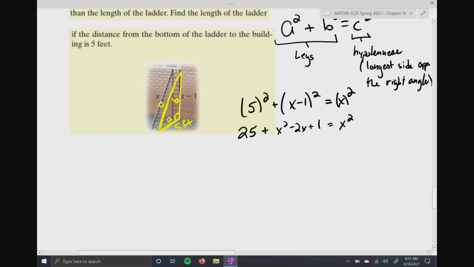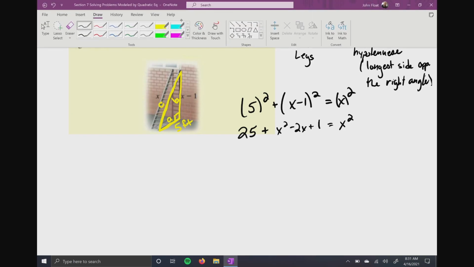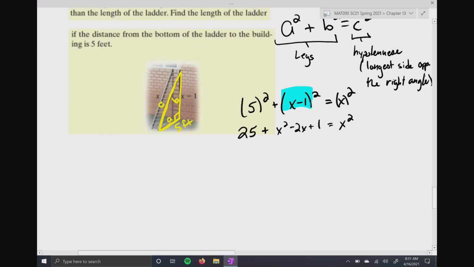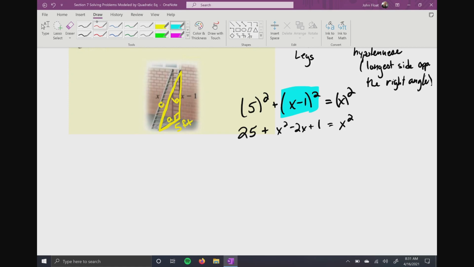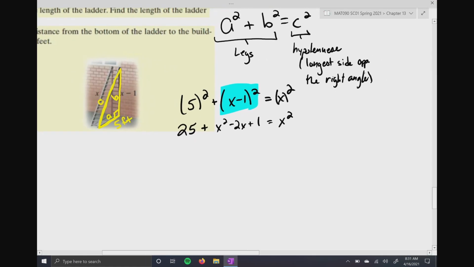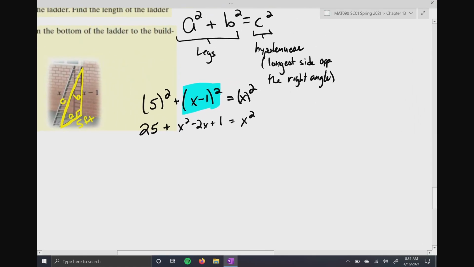Now, if you made a mistake, it's probably right here. Because hopefully you didn't break my heart. Hopefully you remembered that, and I'm going to go off to the right here. X minus 1 quantity squared means x minus 1 times x minus 1, and you have to actually distribute that.